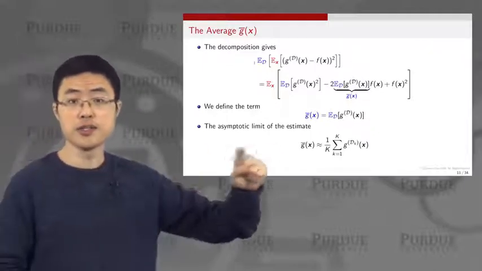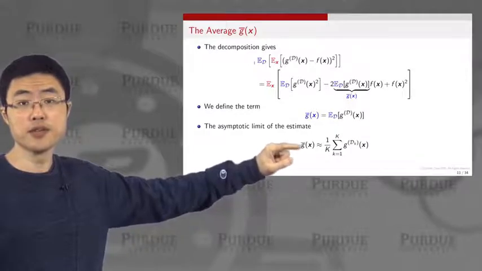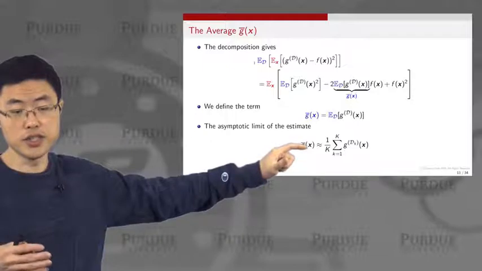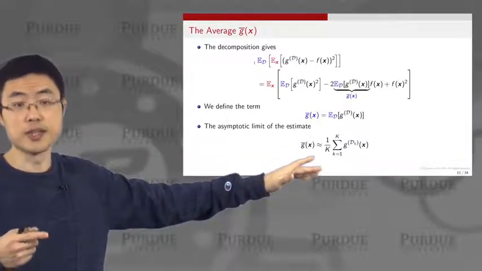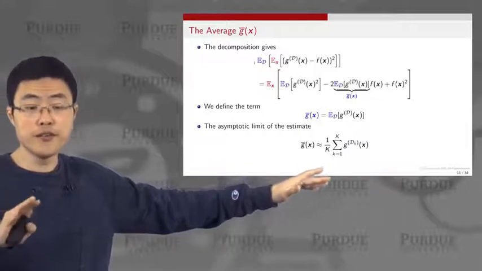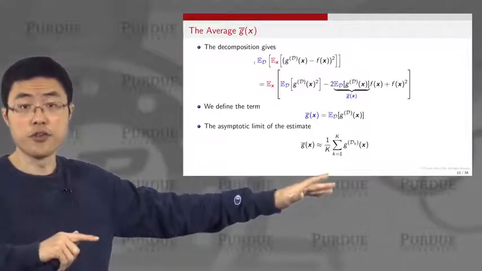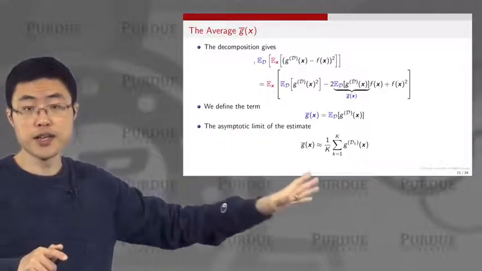Now, if you look at this equation here, you realize that on the right-hand side, this is the finite average of all these g evaluated at different Ds. In this case, it will be denoted as D_k. So for every D_k, you have a different g. And now you're taking the average of all these g of D_k when you calculate this finite average.